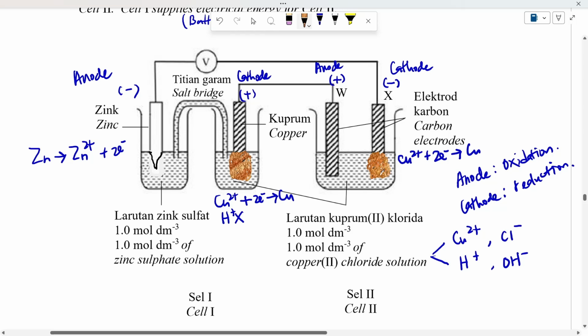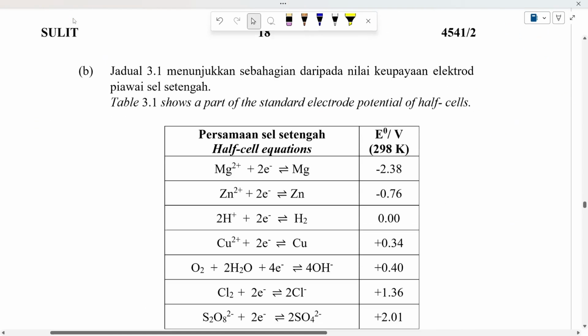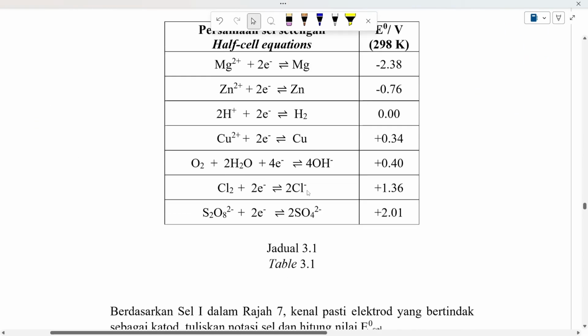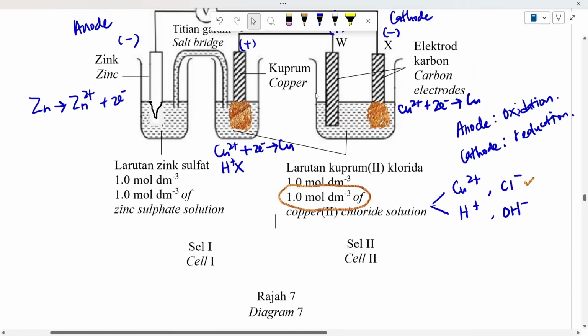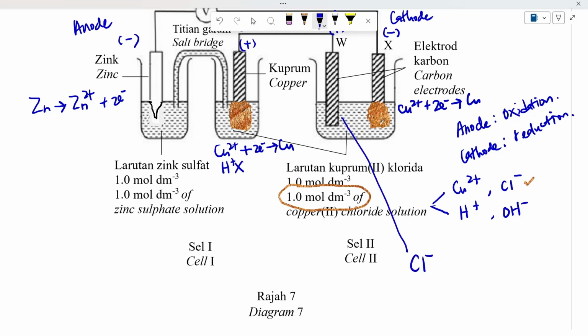Now how about the anode here? You have chloride and hydroxide. Chloride, why? Higher concentration. You can look at the equation given here. Chloride is here, more to the left, and loses electrons, so it undergoes oxidation. So what you can write: 2 chloride ions lose 2 electrons.